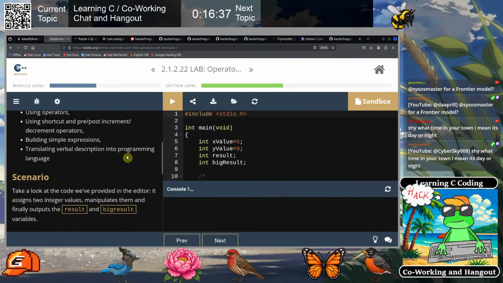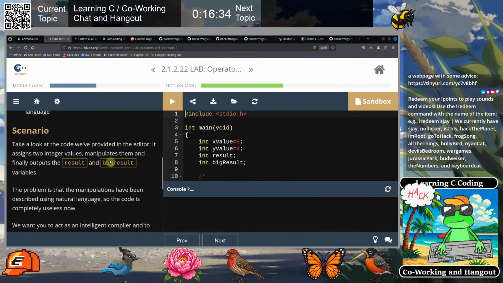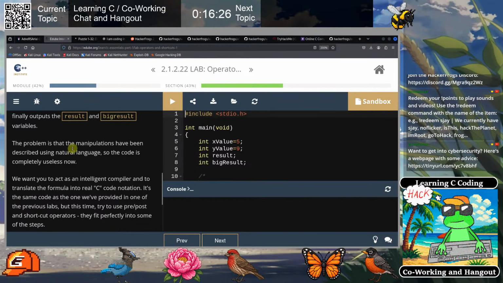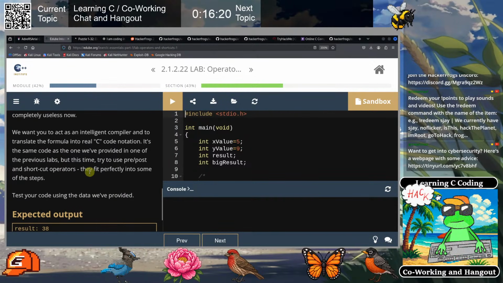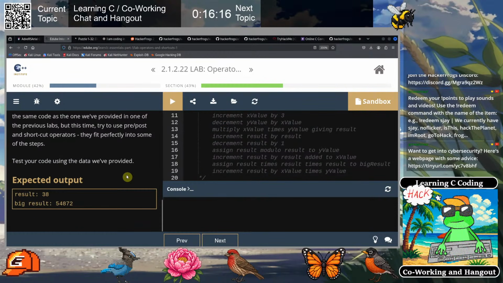Translating verbal description into programming language. Okay. Take a look at the code we provided in the editor. It assigns two integer values, manipulates them, and then finally outputs the result in the big result variables. The problem is that the manipulations have been described using natural language, so the code is completely useless now. Okay, so this is another one of those... Wait, didn't I do this already?